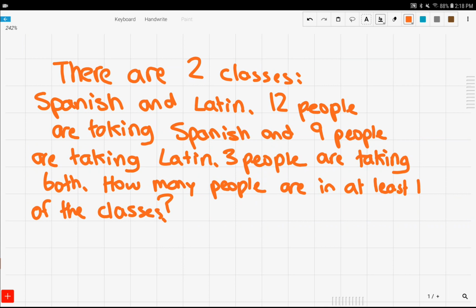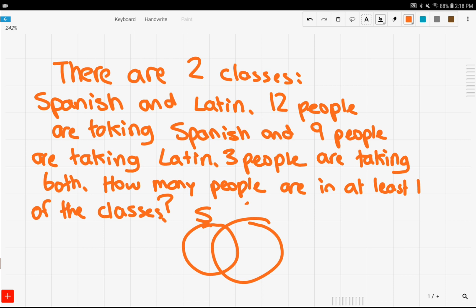So, at first we may think that it is just 12 plus 9. And if you're more advanced, you might want to start making a Venn diagram. For example, this is Spanish, this is Latin, and then you have 12 people in Spanish overall, 9 people in Latin overall. So there's 3 people in the middle. Sorry, that's a little bit too small.